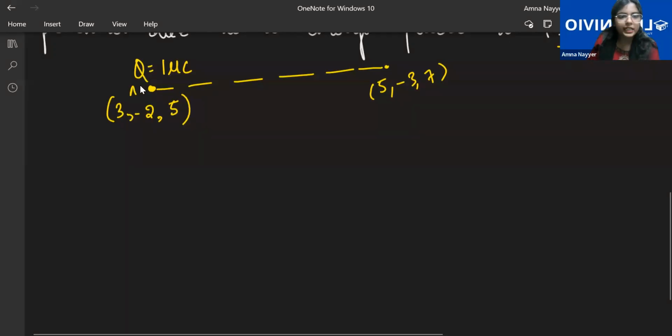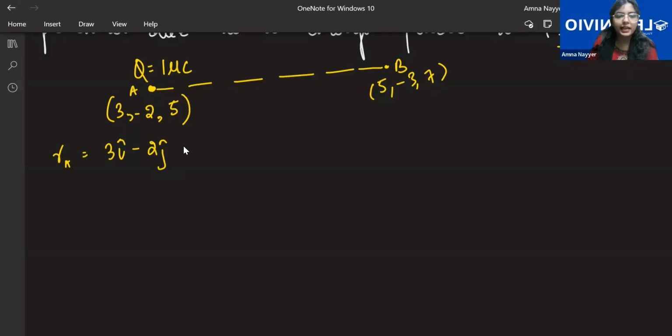Let's say this is some point A, this is some point B. So our A will be equal to 3i cap minus 2j cap plus 5k cap. And this our B is equal to 5i cap minus 3j cap plus 7k cap.